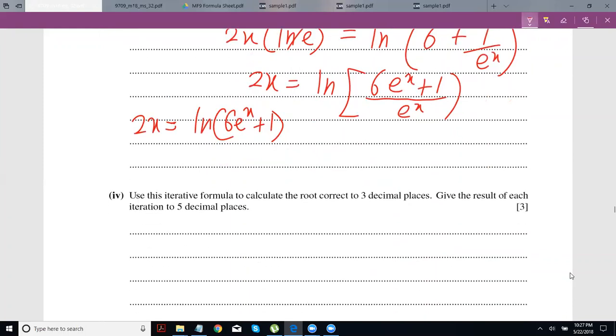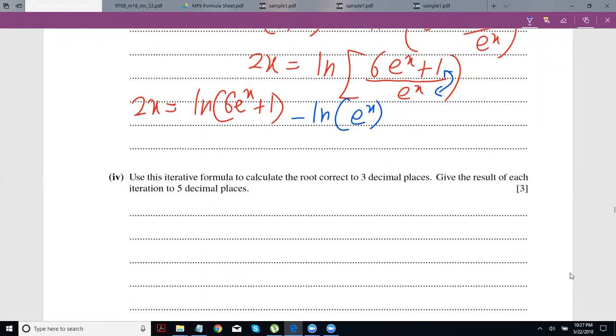And now notice here the property can apply, because these two things are dividing, right?